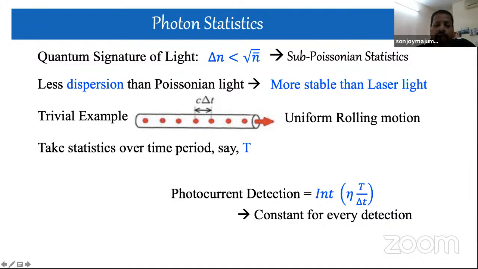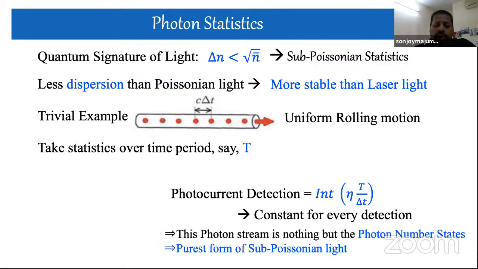Then the photocount detected will be t by delta t, multiplied by the efficiency of the detector, and the nearest integer value will be the photocount. As the photons are coming with equal time intervals, we expect this to be almost constant for every detection, every hit.